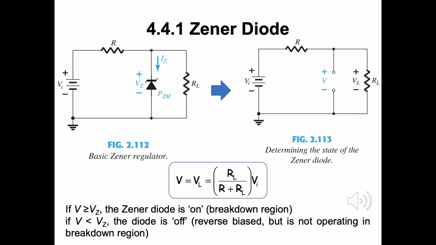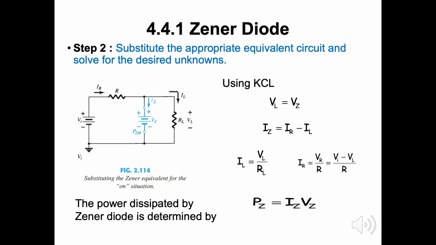There are two conditions of V compared to Vz which will describe the on or off state of the Zener diode. When V is greater than Vz, the on state is activated, while when V is less than Vz, it will be in the off state. For step 2, substitute the appropriate equivalent circuit and solve for the desired unknowns.